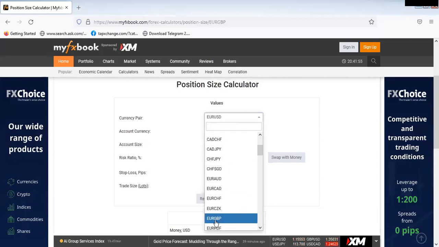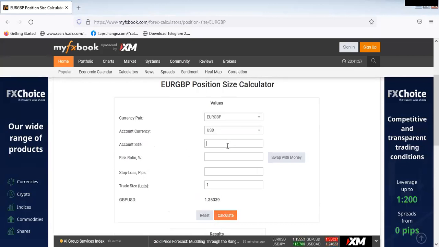Once he clicks on Euro GBP, how much is this man having in his account? Probably he is having $3,000. He's a big man. Then what ratio does he want to risk? He wants to risk only 2%. And what pips is he looking at? 50 pips.